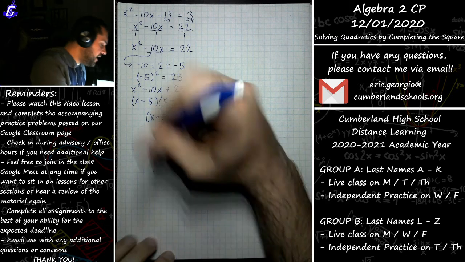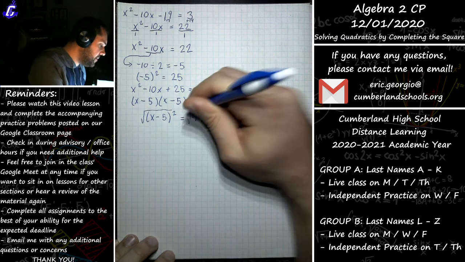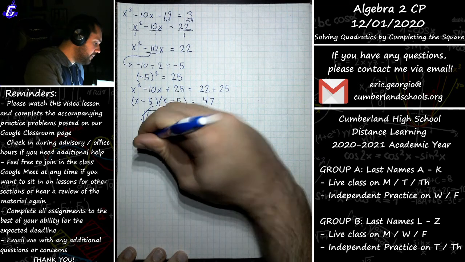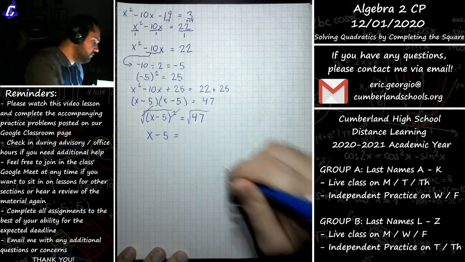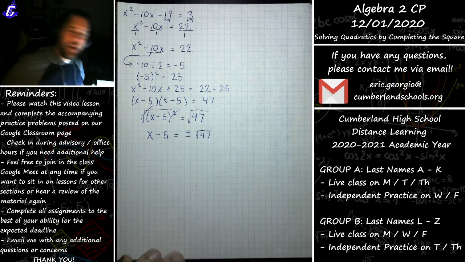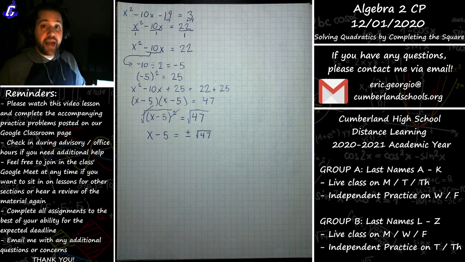And I would say, if we take the square root of both sides, the square root and square cancel out here, that x minus 5 is equal to, well, plus or minus the square root of 47. I don't want to write it as a decimal. We've worked with radicals a whole bunch in first quarter. We can just leave that alone as the square root of 47.